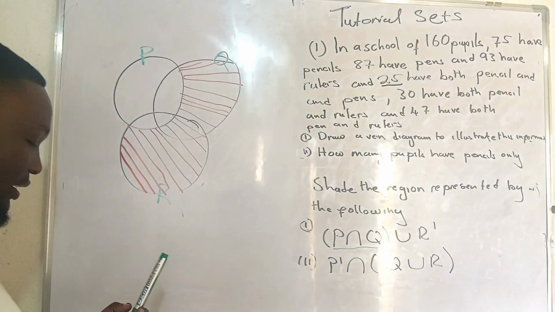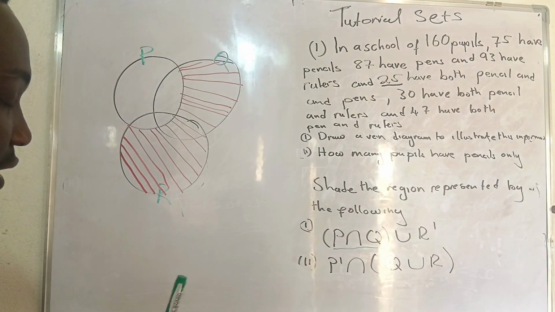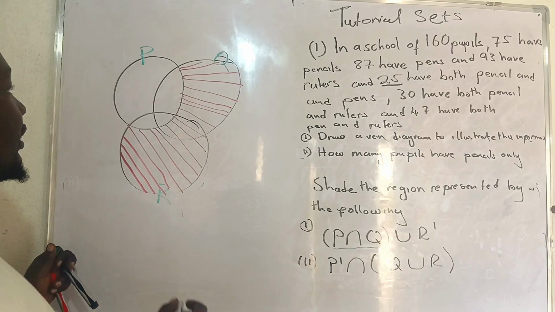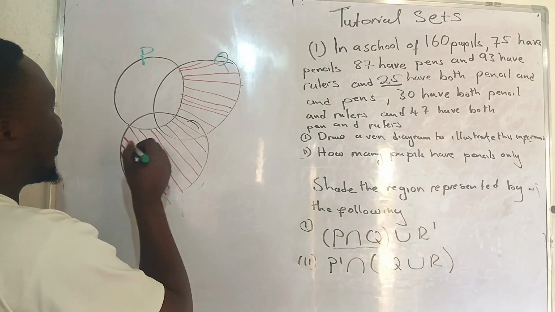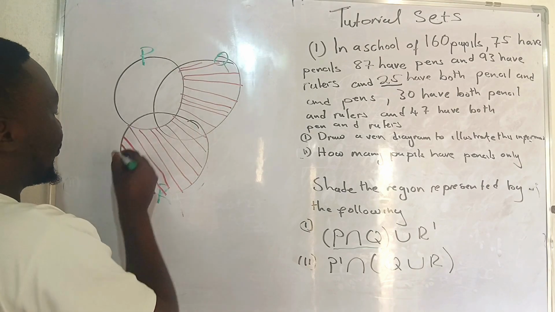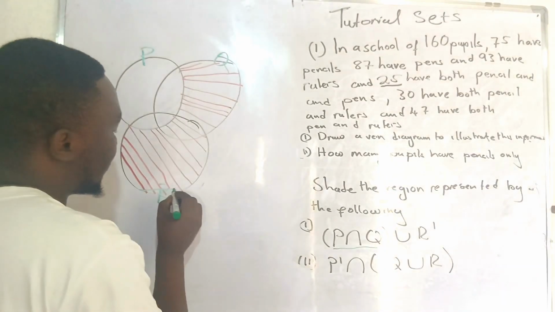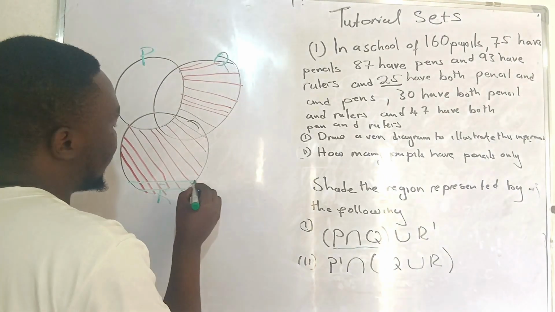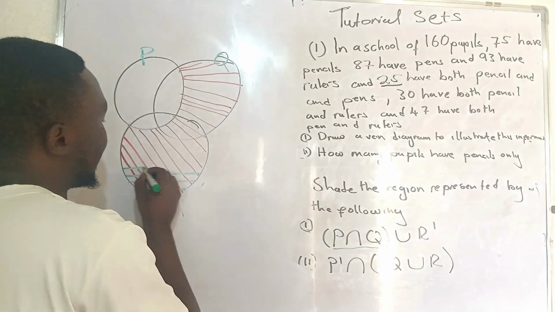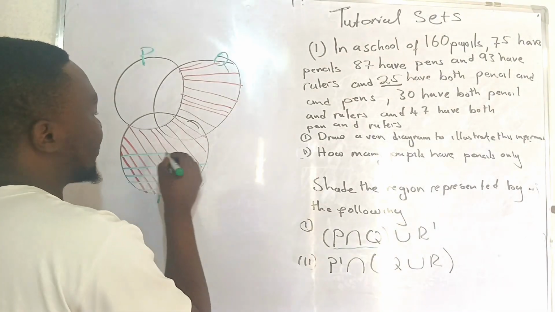So let's shade the entire region that represents the union of Q and R. The union of Q and R represents this entire region. We can shade it like this.